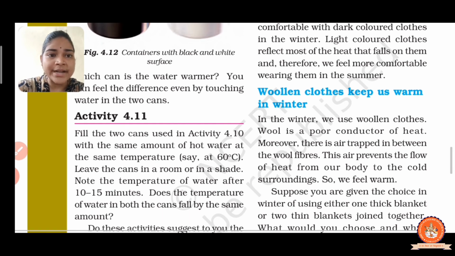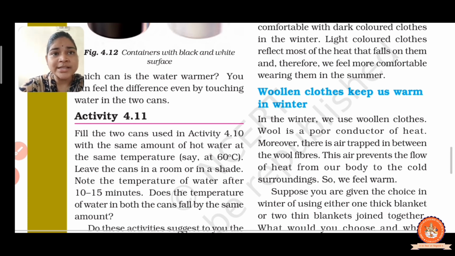Now note the temperature of the water after 10 to 15 minutes. We observe that the temperature of water in the black container is lower than the temperature of water in the white container, right?